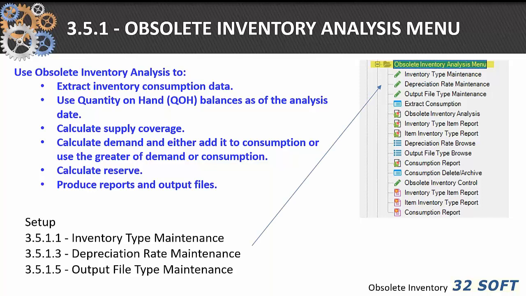So the setup is basically pretty simple. You set up inventory types, you set up a depreciation rate maintenance, and then you can output information into a file on your server, and it works great, except like we always say, you got to have accurate and timely data in order for it to make sense.